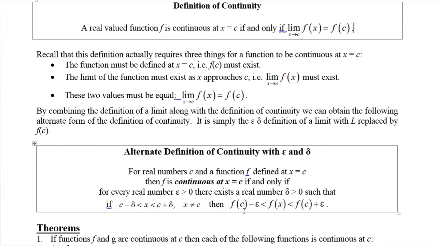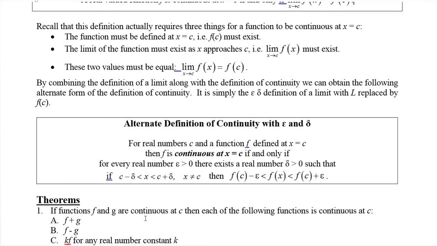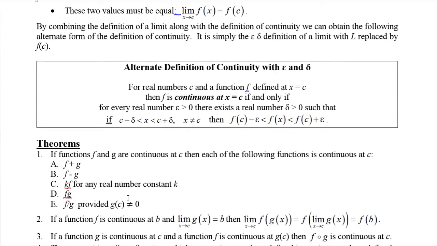By now you should recognize this is where we normally put the L right here, and of course L is replaced by f of c. And so we would use this version of it to work with definitions and to prove some things are continuous.